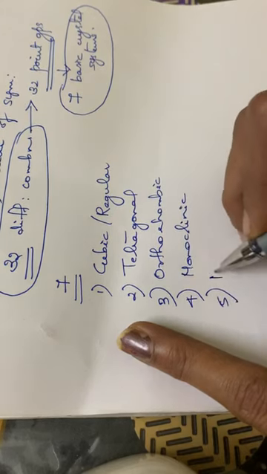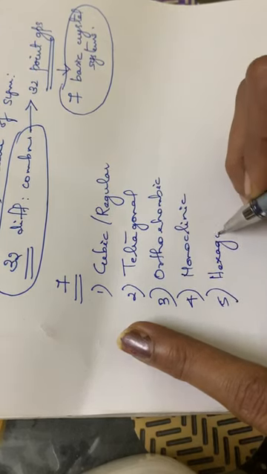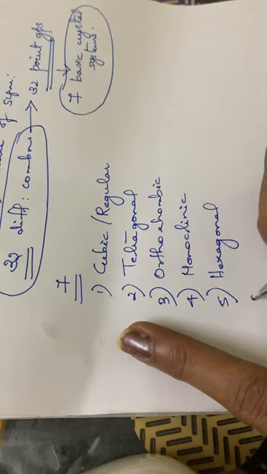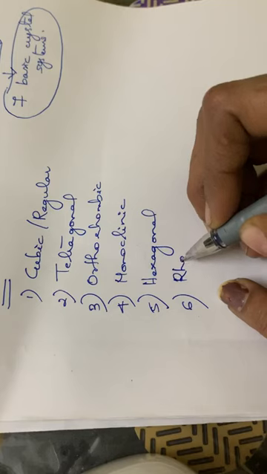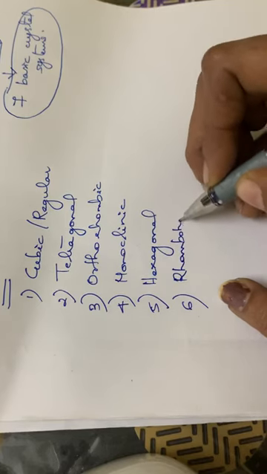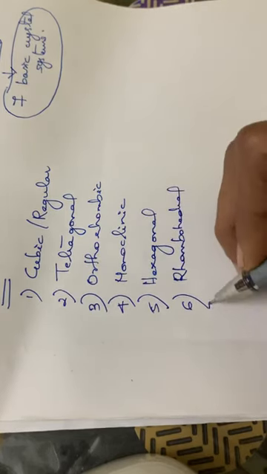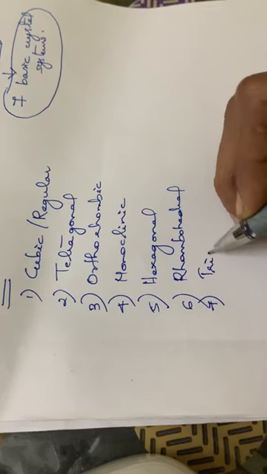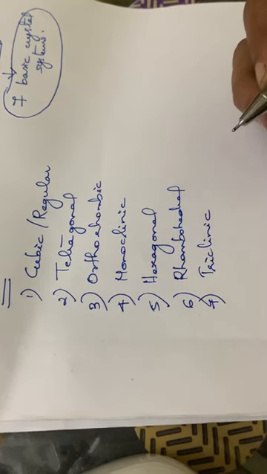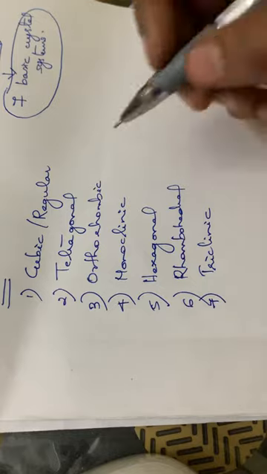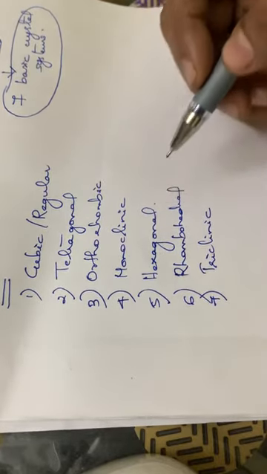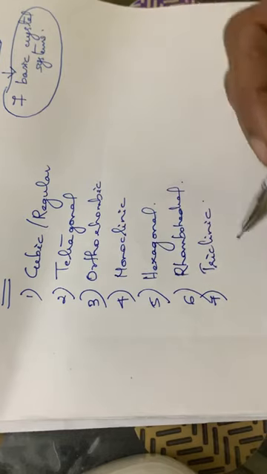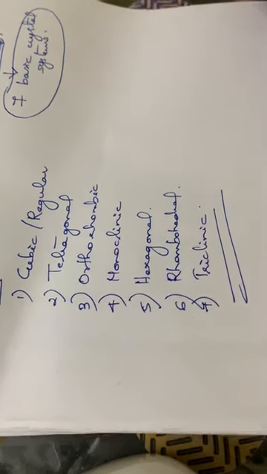Fifth, hexagonal. Sixth, rhombohedral. And the seventh is triclinic. So these are the 7 basic crystal systems: cubic, tetragonal, orthorhombic, monoclinic, hexagonal, rhombohedral, and triclinic.